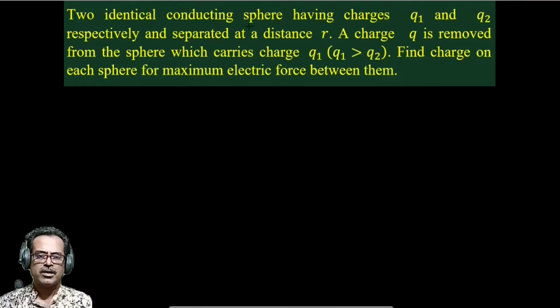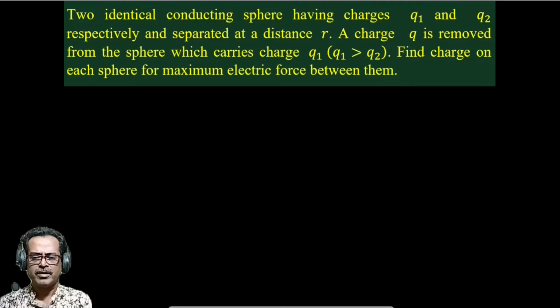Two identical conducting spheres having charges q1 and q2 respectively are separated at a distance r. A charge q is removed from the sphere which carries q1. Find the charge on each sphere for maximum electric force between them.